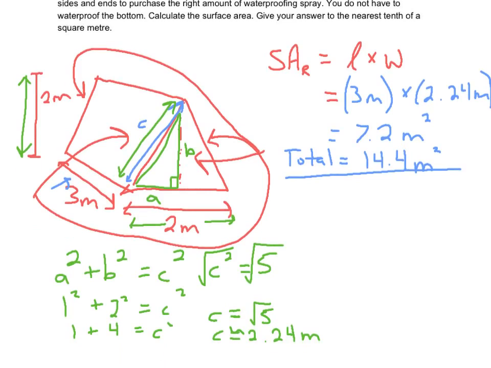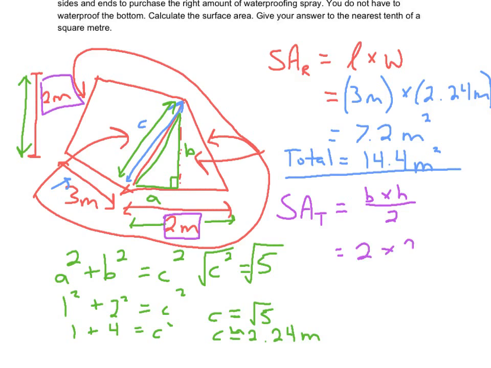So we will choose a different color for that and find the surface area of one of the triangles first. Remember that that is base times height divided by 2. Our base is given to us in the problem here. Base is 2 meters times the height is also given here.